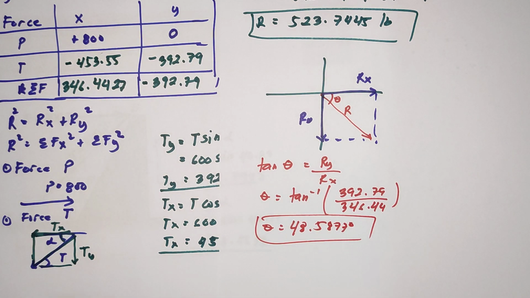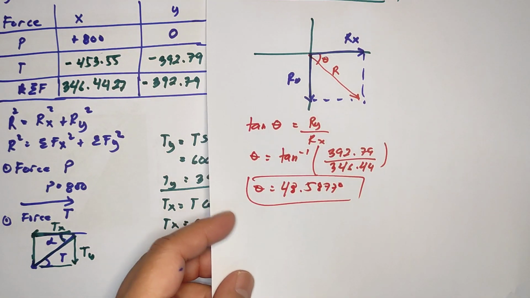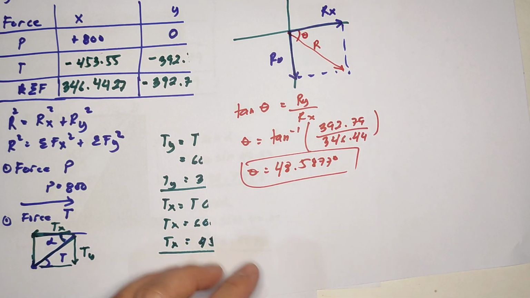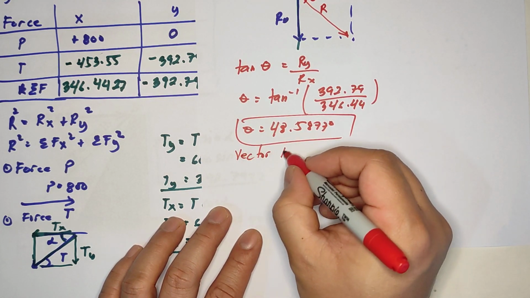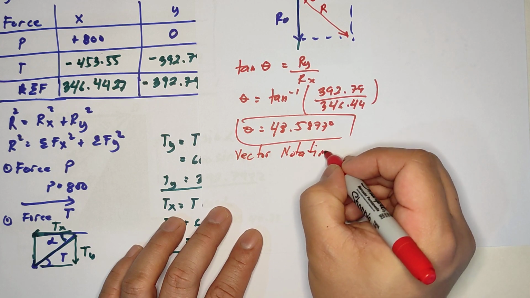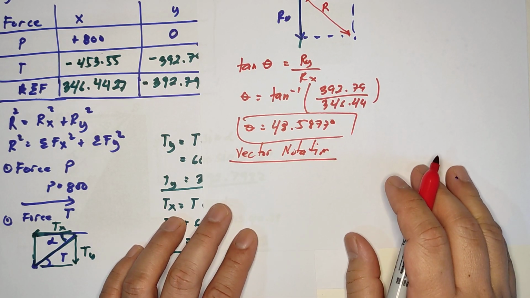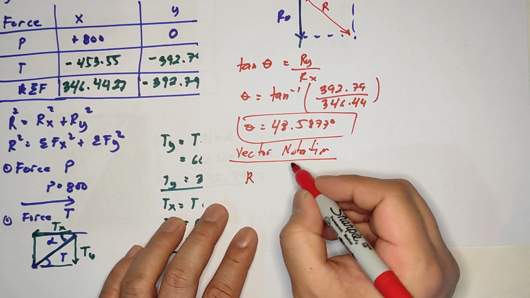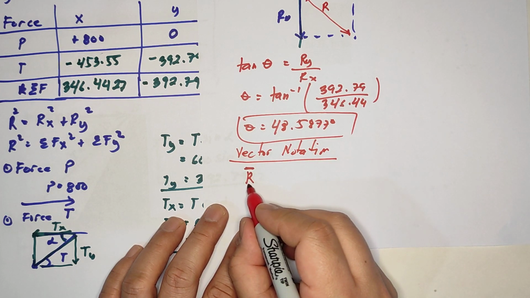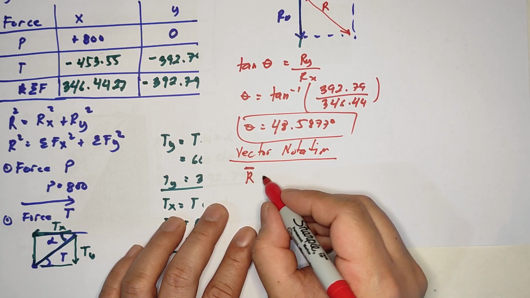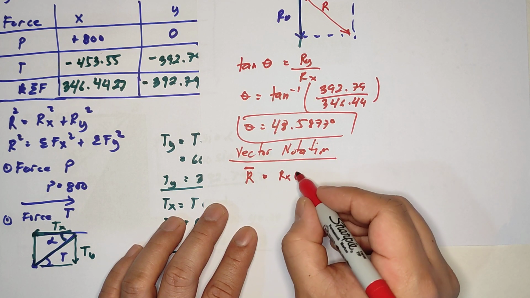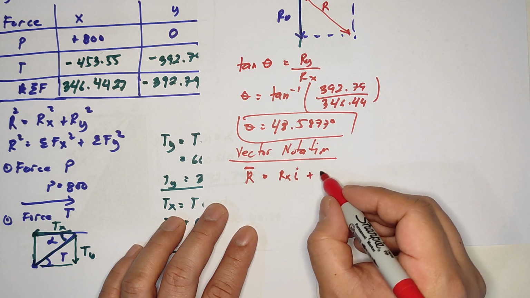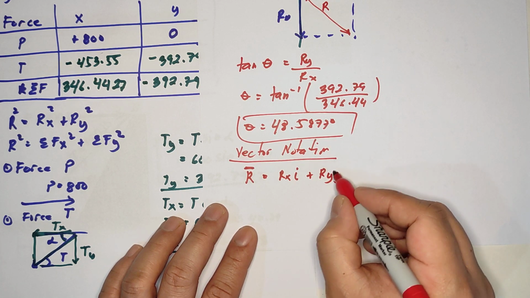Okay, now I will introduce to you the vector notation. It's simply showing that if you have R with a bar on top, that means vector. Rx is the magnitude, and i is the direction, then Ry j.